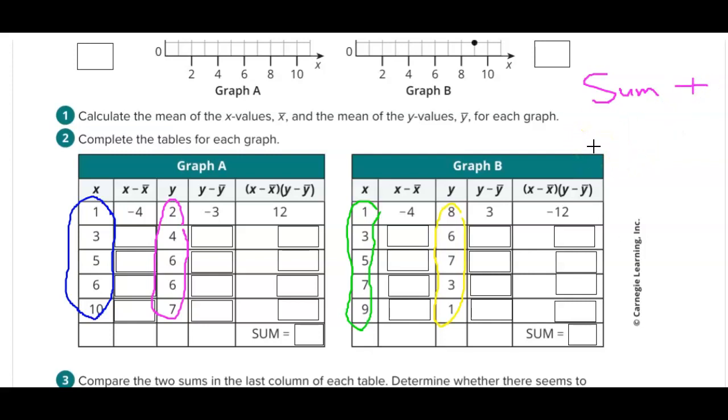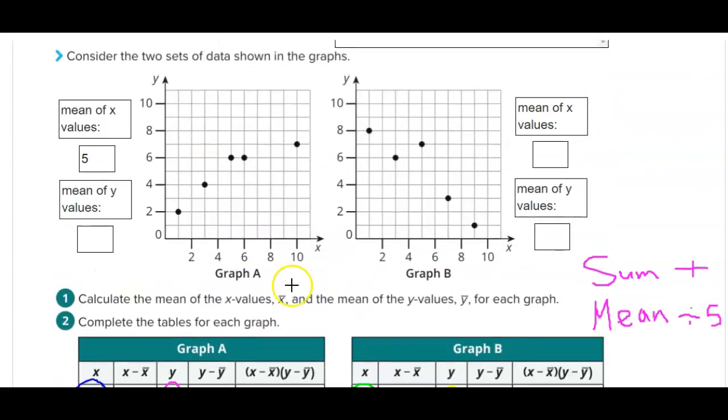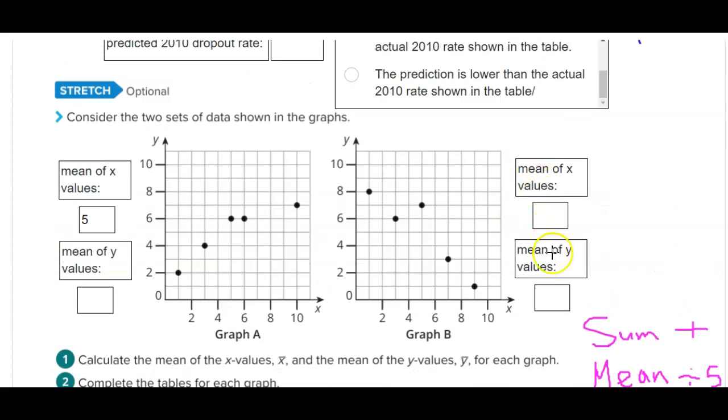And then you're going to find the mean by taking that sum and dividing the sum by 5, because there are 1, 2, 3, 4, 5 numbers in the set. So do that for the pink, the green, and the yellow numbers, and then put your answers here. Pink, green, yellow.